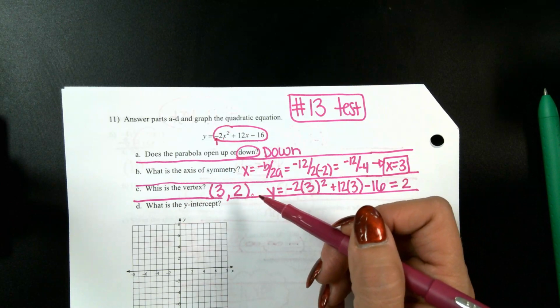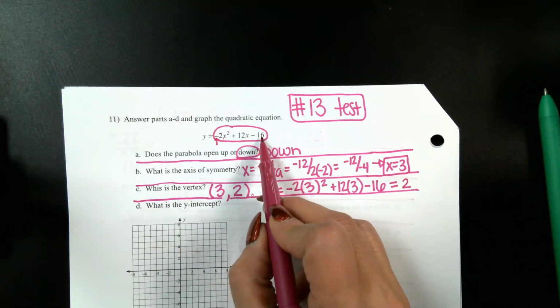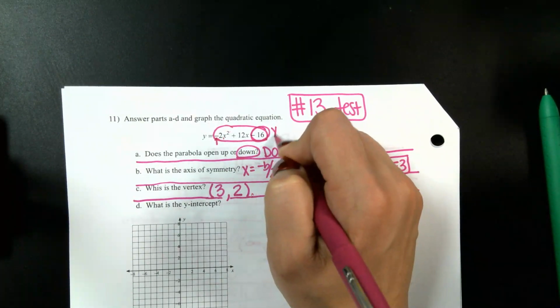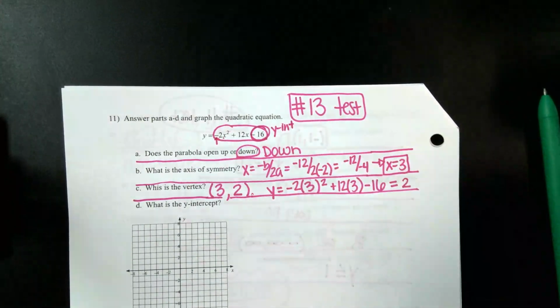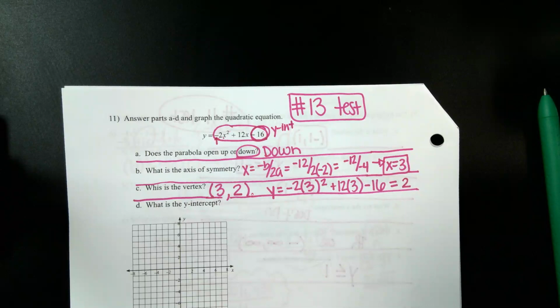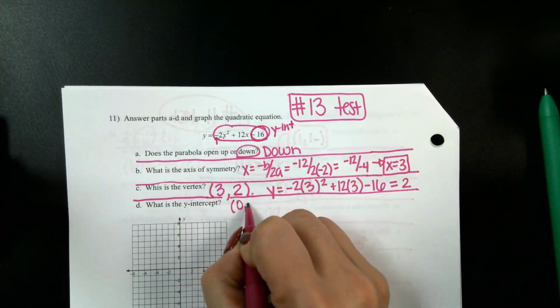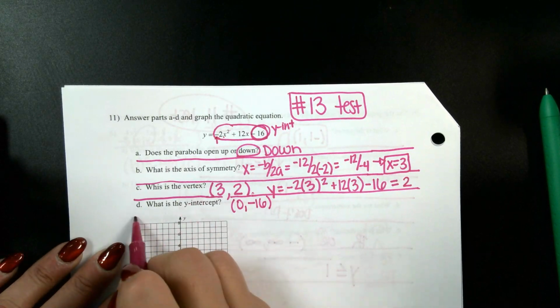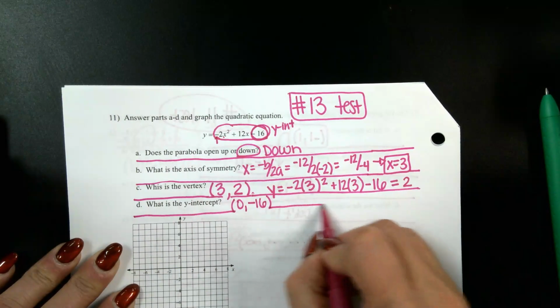Don't they just disappear? So isn't it just negative 16? This constant is always your y-intercept. So the y-intercept would be 0, negative 16. The last number, the constant, will always be your y-intercept.